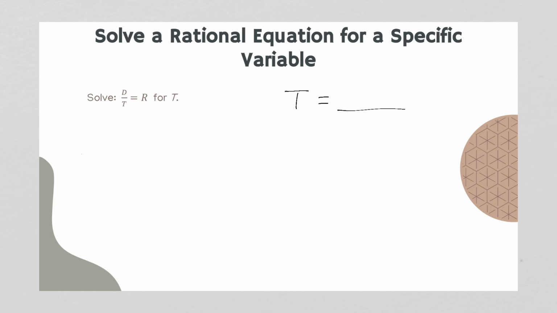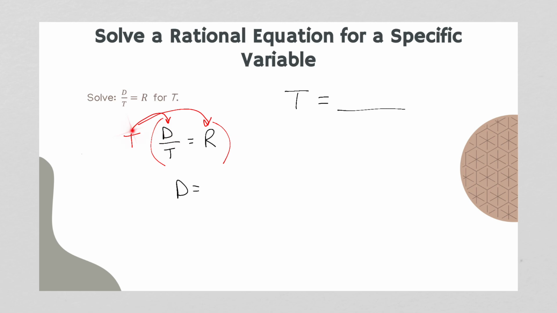And so how you would do that, especially if you're solving for something that's in the denominator, is you want to multiply by that denominator to get it out of the denominator. So we would multiply the whole thing by t in this case. So multiply it there and there. The t's would cancel here, and I'm just left with d.